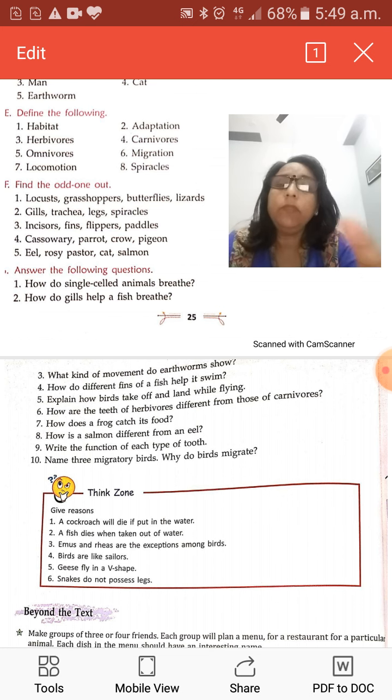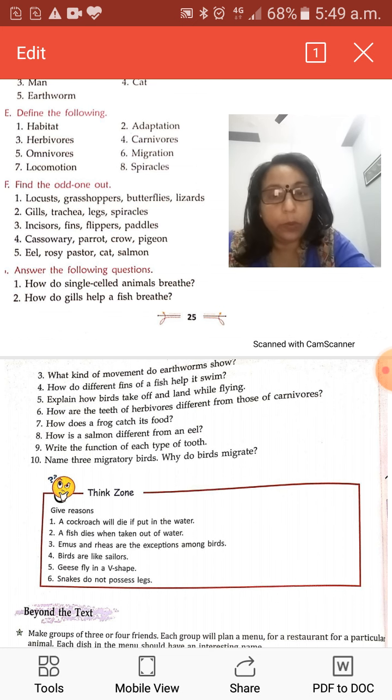Now the third, fourth, and fifth terms, I think you all know them: herbivores, carnivores, omnivores. Herb is a plant, and vores means eating.